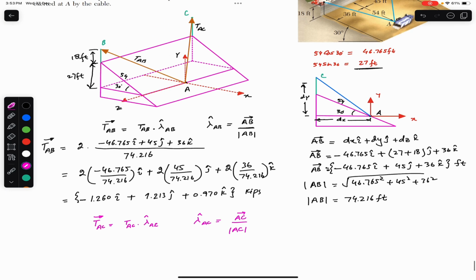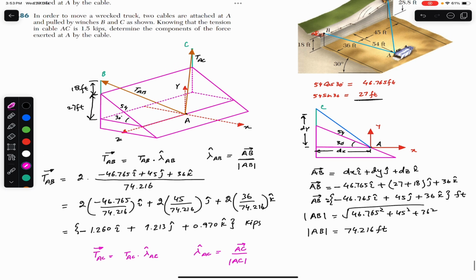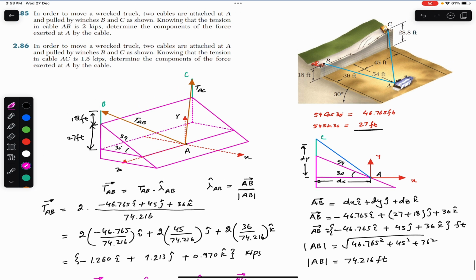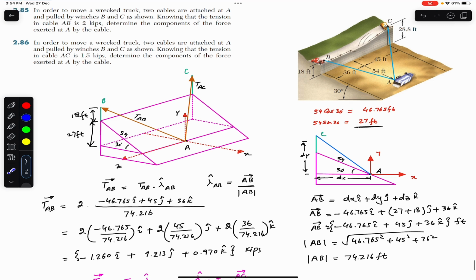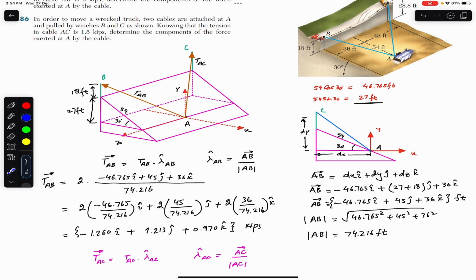Now again, the separation between point A and C in the x. In the x, everything will remain the same. This is dx, right? The separation between point A and C along the x remains the same, since point B and point C are in one plane. They are at the same distance from point A in the horizontal direction.